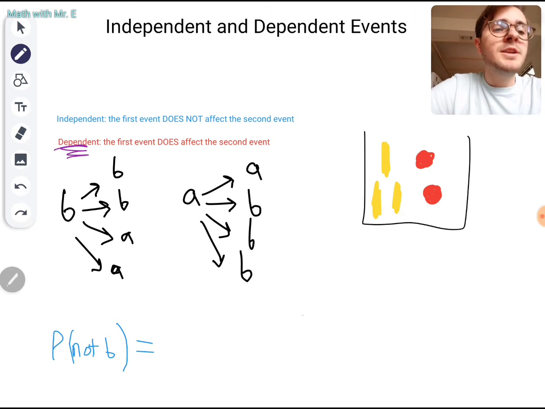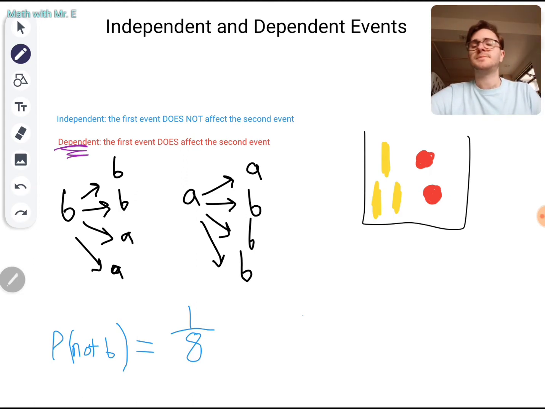Okay, and there's only one time that he would eat an apple and an apple. So that's 1 out of the total 8. So the probability that he does not eat a banana is 1/8.